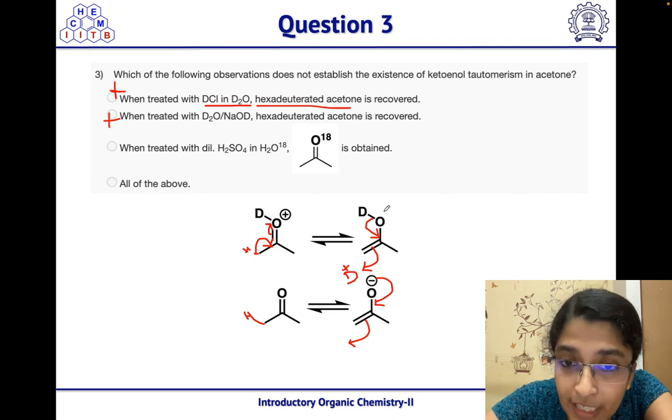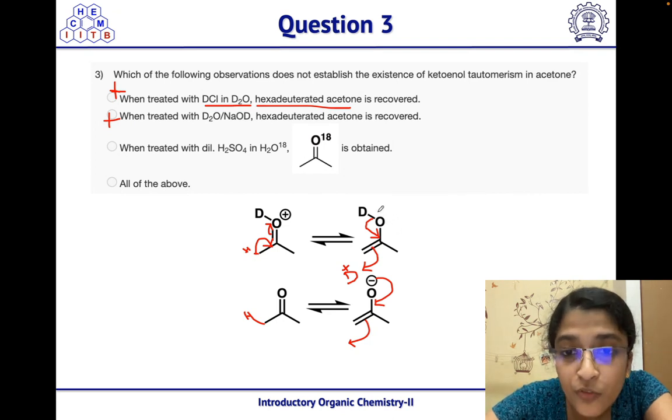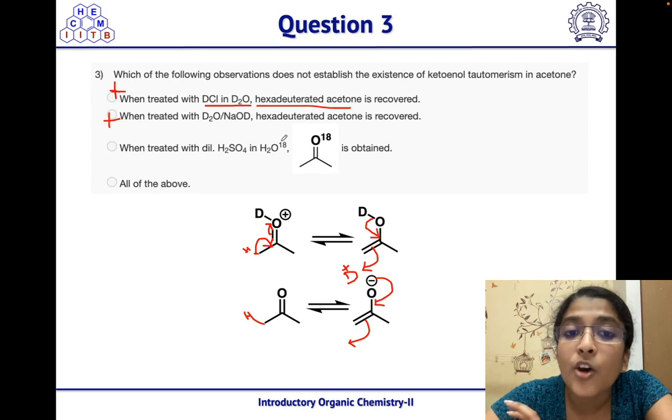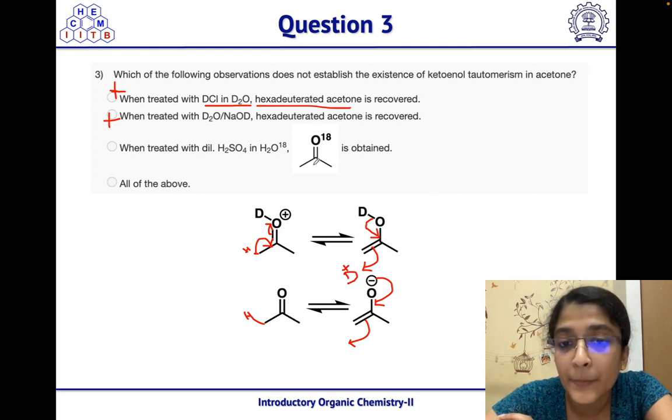Whatever oxygen we can see in this enol form and in this ketone form is not changing in the system. Only the proton is changing; oxygen is not exchanging from the solvent. So we cannot claim this option is correct.